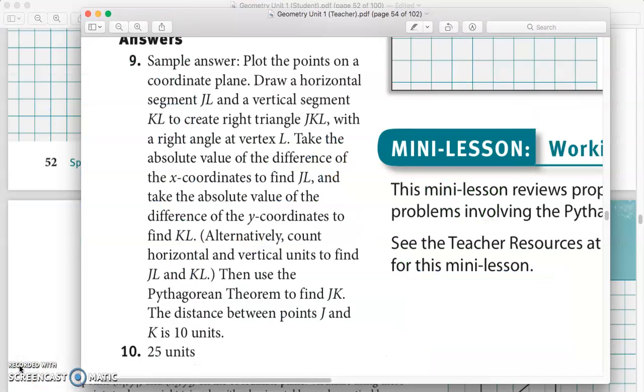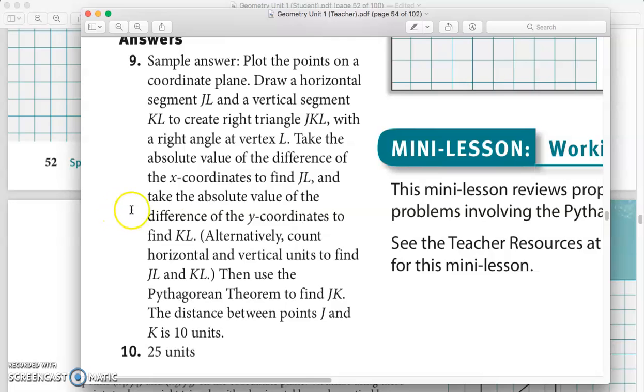Here's a sample answer for number 9. You would just go through the whole process: plot the points on a coordinate plane, draw the horizontal segment just like we did and a vertical segment to create a right triangle, with the right angle at that vertex. Then take the absolute value of the difference of the x-coordinates. When we say absolute value, basically just subtract the x-coordinates.